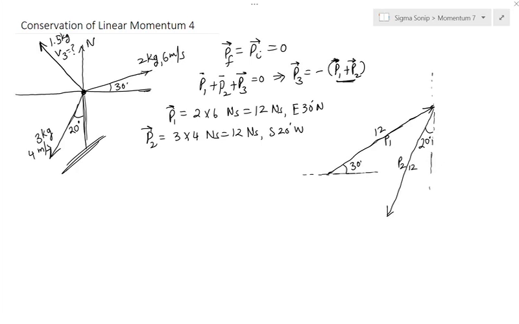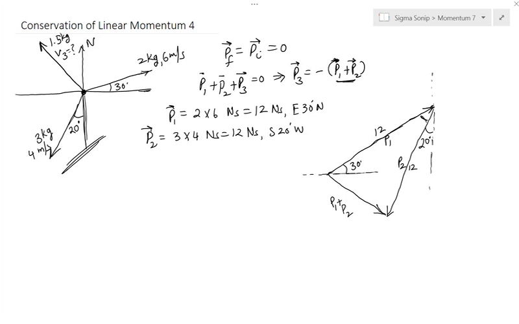So if you add these two vectors, we end up with this, and this is my vector P1 plus P2. Right, so it's an isosceles triangle. In this triangle, we'll need to find this angle first, which is pretty straightforward.